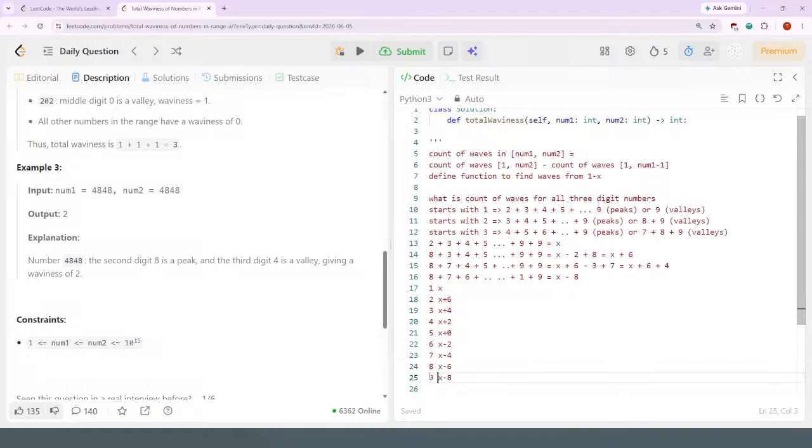So if it starts with a 1, if it goes any 3 digits, if it's 3 digits.